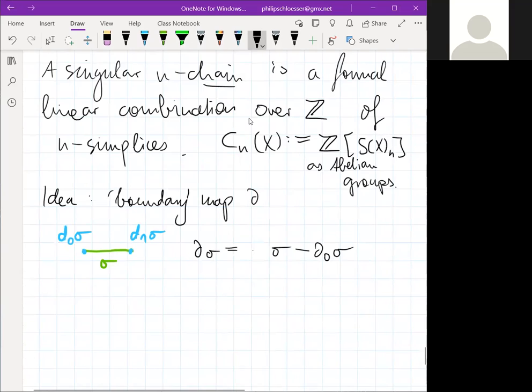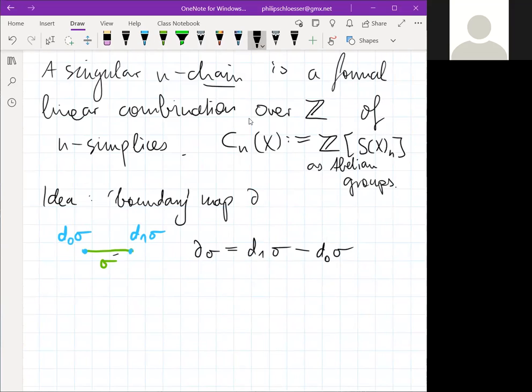Oof, that was wrong. Should be these things. So if we have a curve from here to the other point, we would like the boundary to preserve that direction.